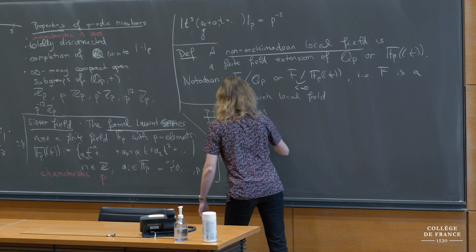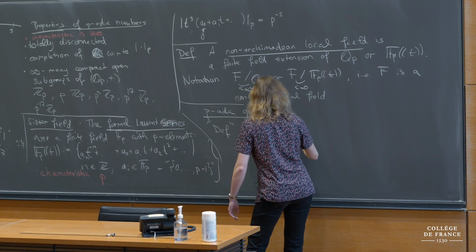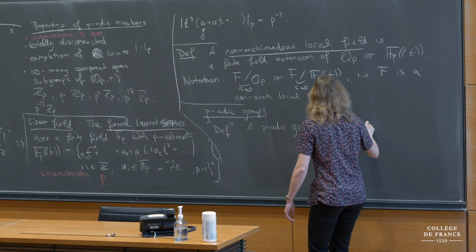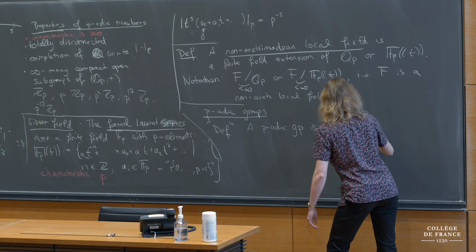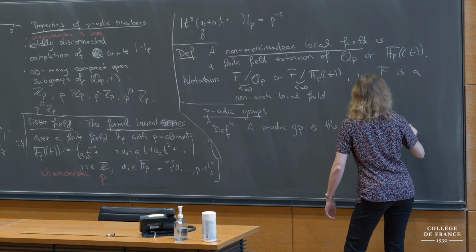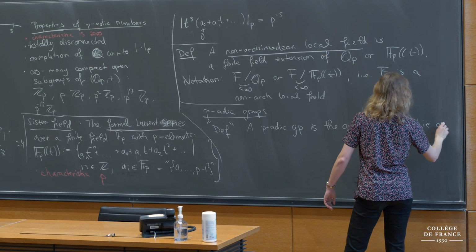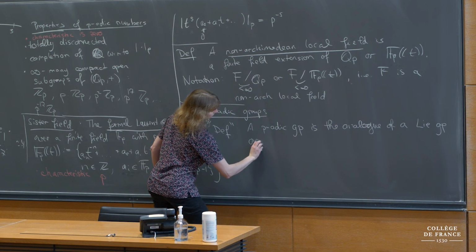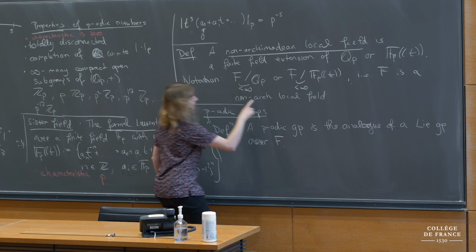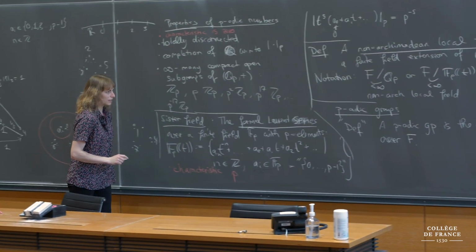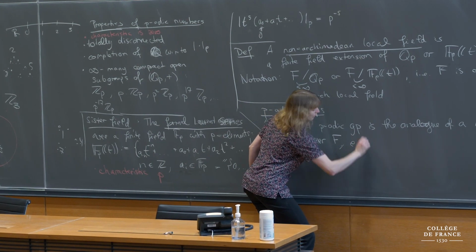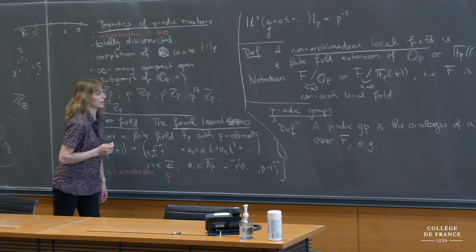A p-adic group is the analog of a Lie group, but over this field F. So this is a bit confusing maybe, so I really want to do this whole thing via examples.